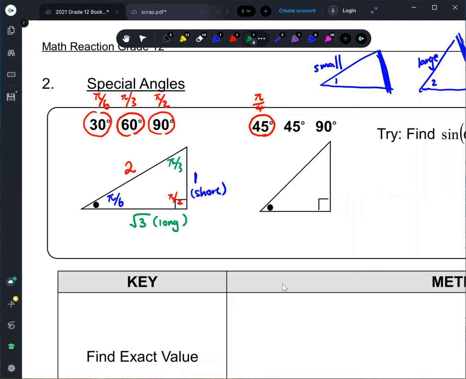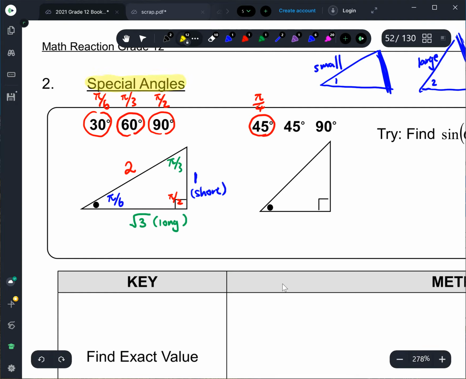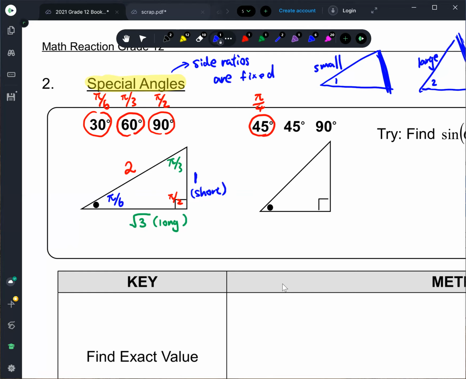So this is called special angles. Whenever you have these 3 angles, pi over 6, pi over 3, pi over 2, the sides will be fixed. Okay? For special angles, the side ratios are fixed. Okay? These are the common ones. So you need to remember their places.